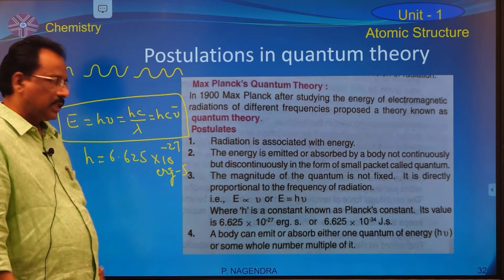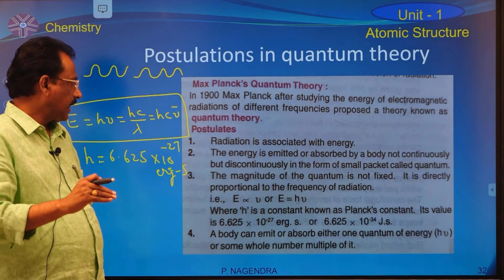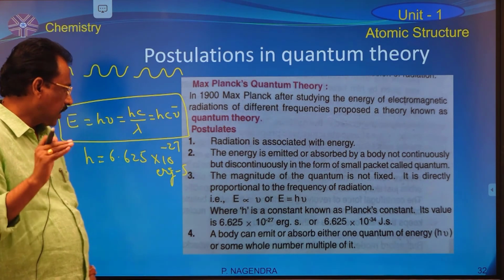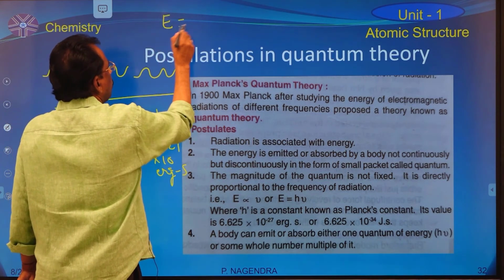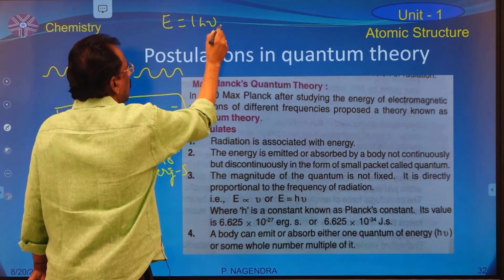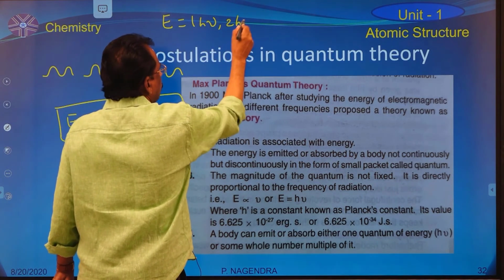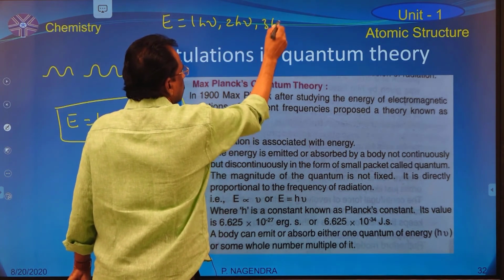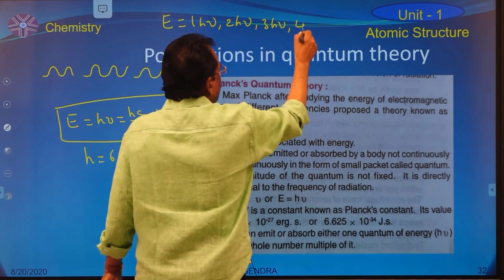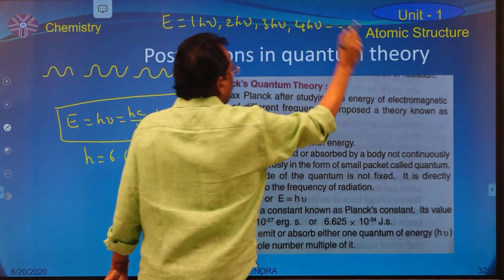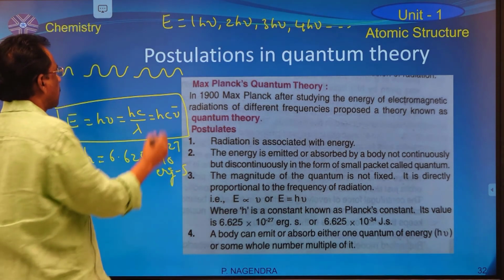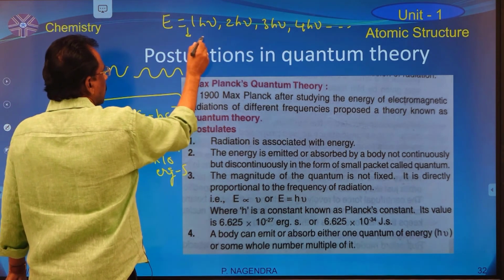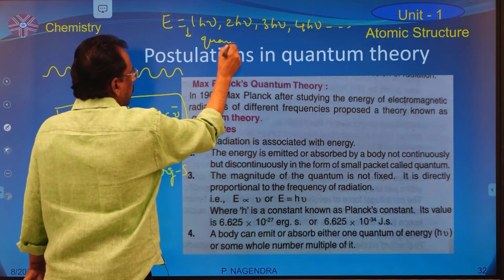The fourth assumption is that a black body can emit or absorb the radiation in either one quantum of energy or whole number multiples of it, but not fractional values. This is known as quantization of energy.